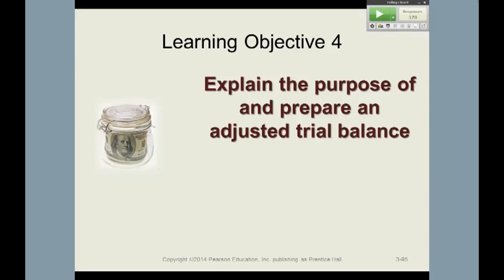So the process, or the cycle, and we'll see the cycle again. The cycle would be, you would take the unadjusted trial balance, then you would have to make the adjusting entries.